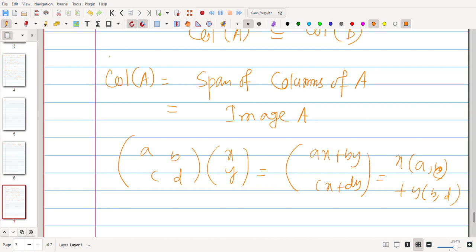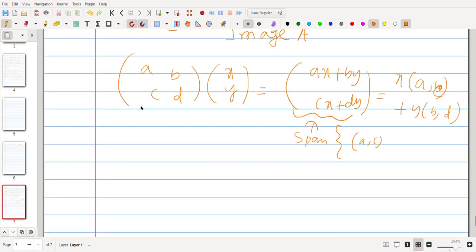That means this vector is in the span of (A, C) and (B, D), right? So the column space is the same as the image of A.